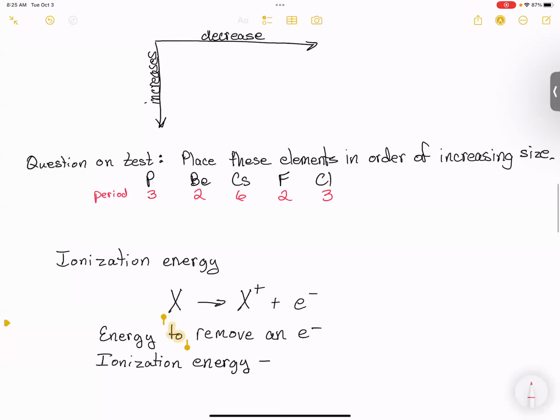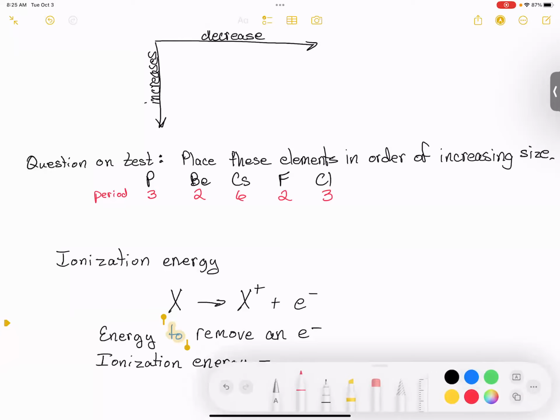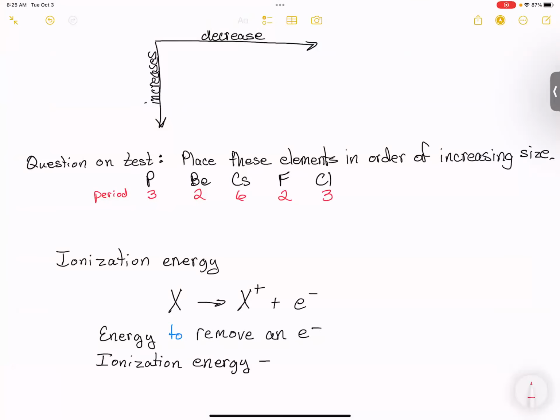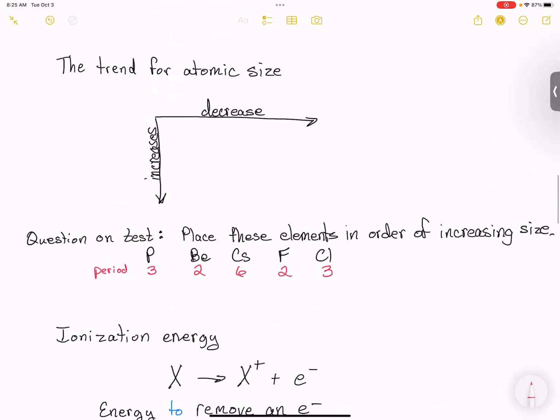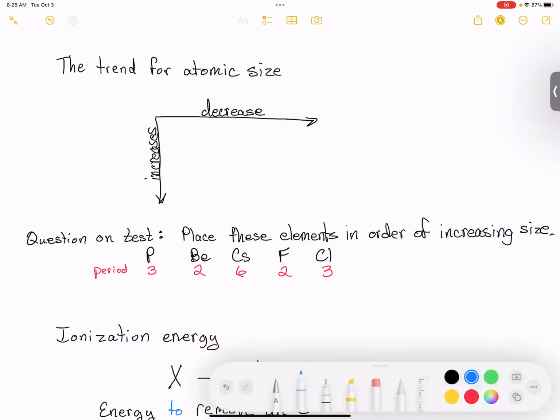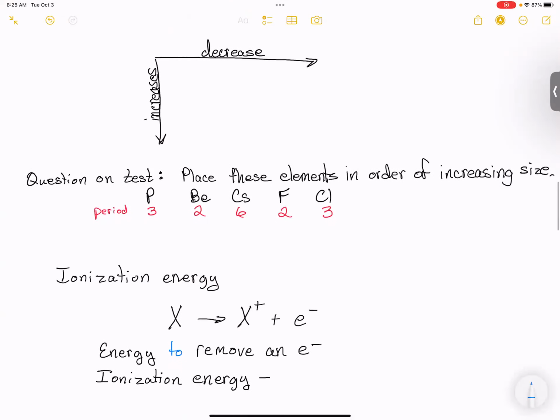So I went ahead and did that. If I want to do this in increasing size, that means I want the smallest listed first, all the way to the largest. And I know that cesium is going to be my largest.